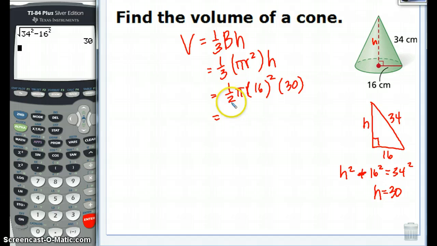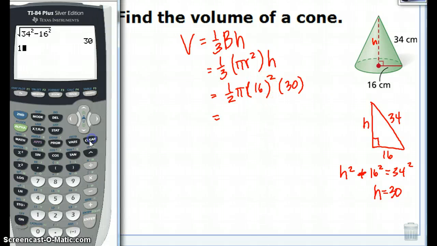Don't just take half of this 16, and the reason why is because we have to do exponents before we do multiplication. So we might want to go through and do 16 squared times 30 divided by 2. And that'll get us the right thing.